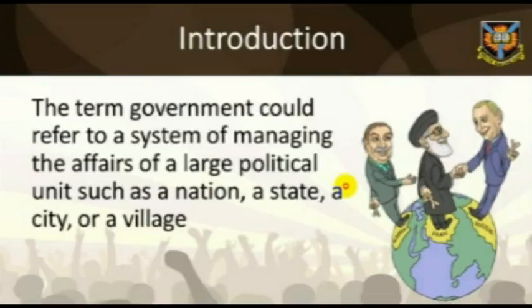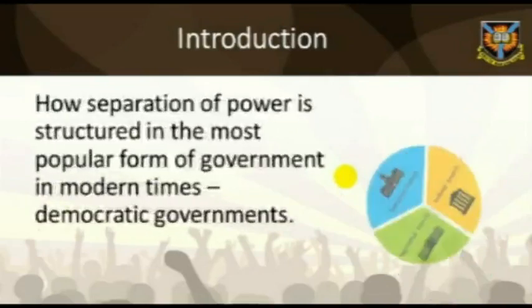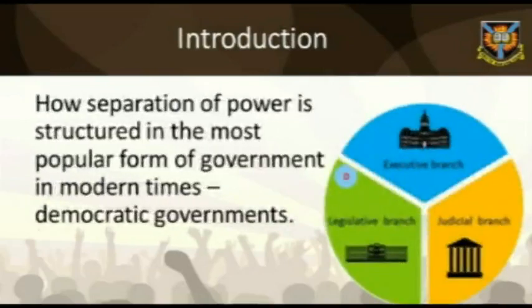One of the panaceas we discovered was to divide the powers of government among its functioning lines. In this study session, we will explore how separation of power is structured in the most popular form of government in modern times, democratic government.